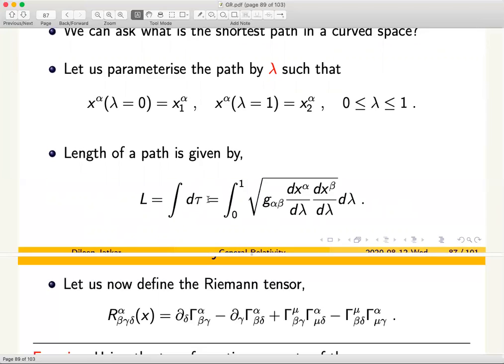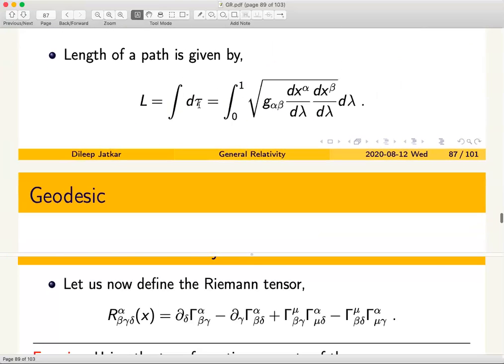You can convert d tau as the square root of this quantity, and since we are parameterizing x alpha in terms of lambda, you can convert this integral into an integral over lambda. So the length of the path is determined by an integral of this kind, where g alpha beta is the metric and lambda is a parameter which parameterizes the curve that you are looking at.